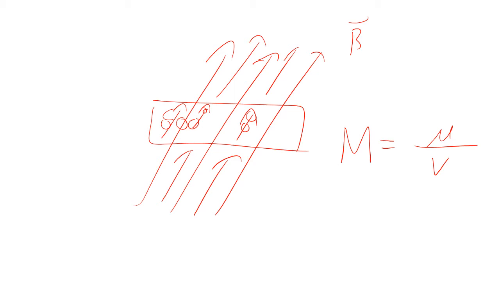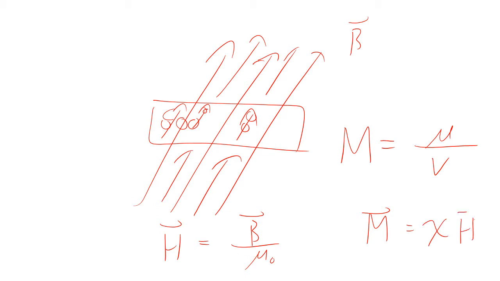Okay, magnetic field strength, we define that to be H, and that's the magnetic field over mu naught. And the magnetization vector is going to be the magnetic susceptibility times the magnetic field strength. So that's your magnetic susceptibility. That's a lowercase Greek chi symbol.